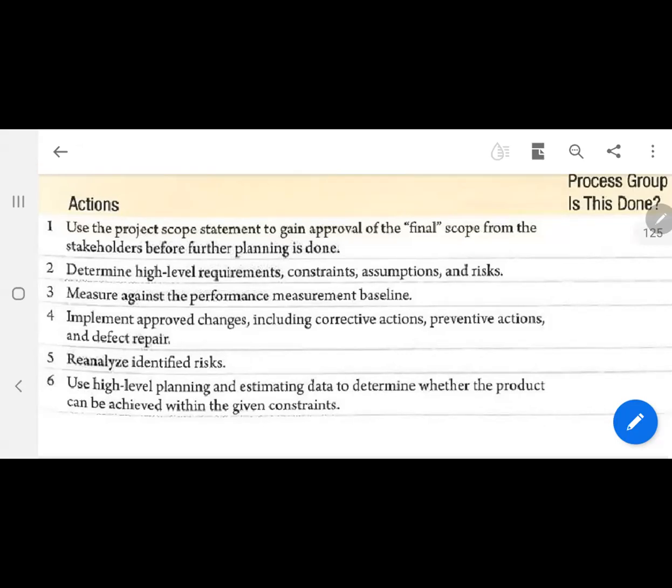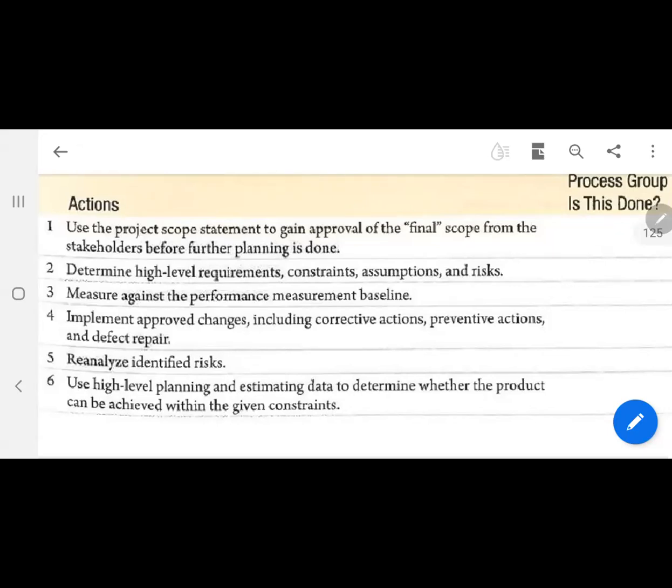One, you are implementing the plan that was detailed in the project management plan, and also implementing the approved changes that were approved through perform integrated change control under monitor and control project work. So you implement the plan and also the approved changes. So you are under execution here.